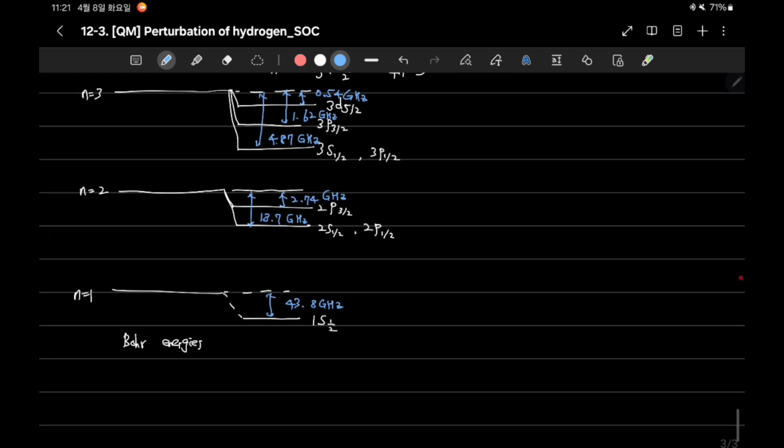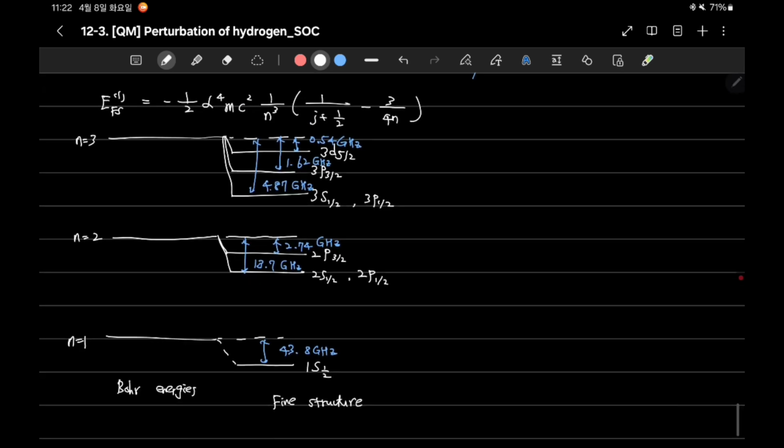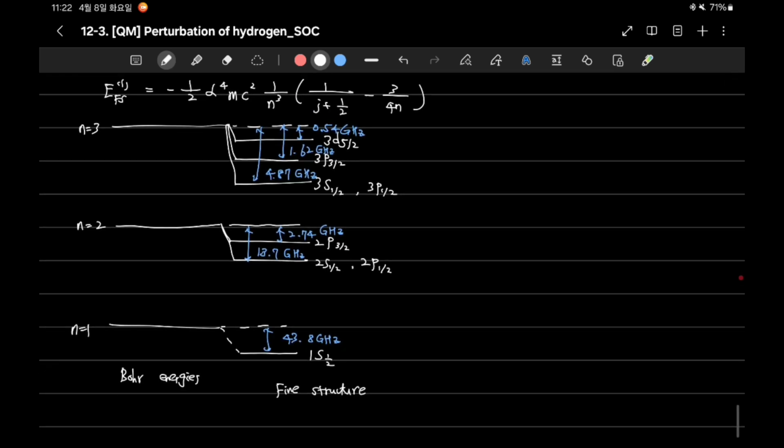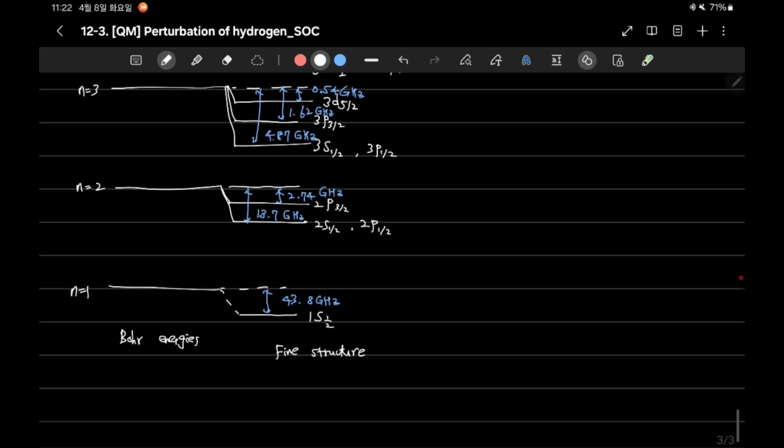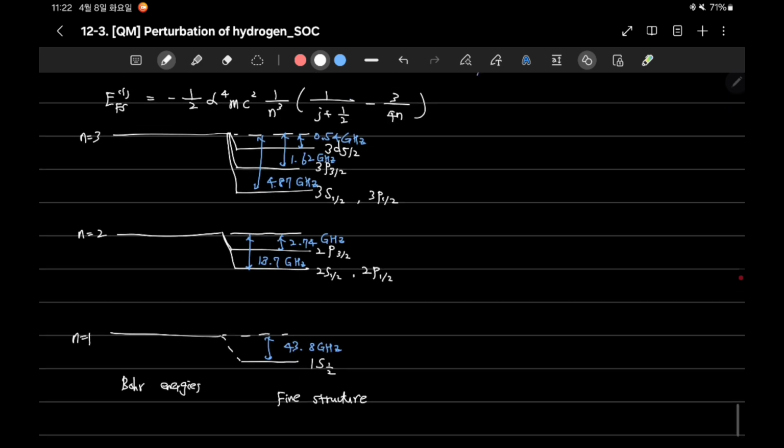It is a fine structure result, and this comes from the high frequency oscillation of electron motion, and this energy scale is very high frequency, like gigahertz energy levels. So the fine structure, relativistic effects and also spin-orbit coupling can make another splitting of the degenerate energy levels.